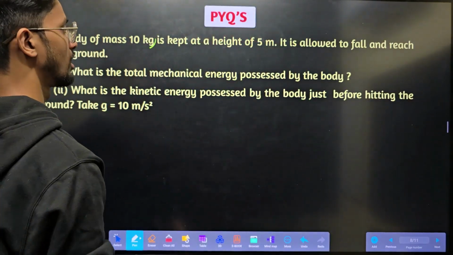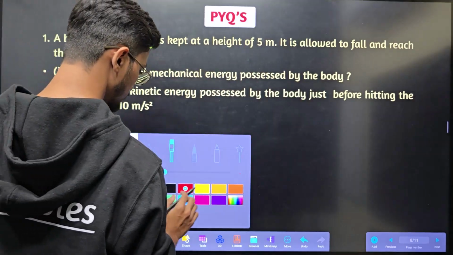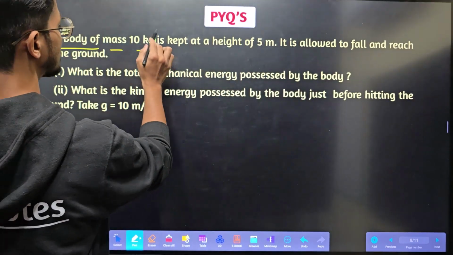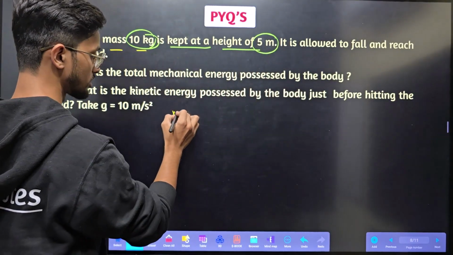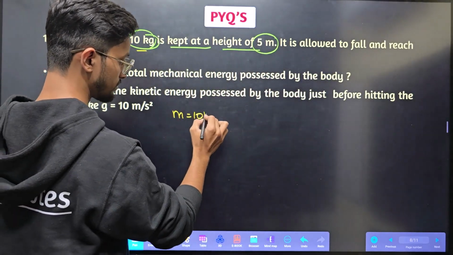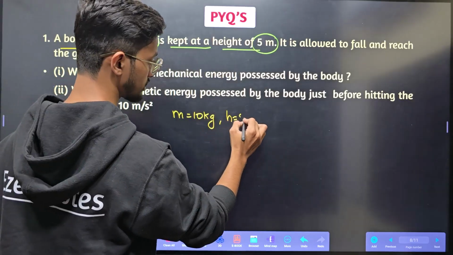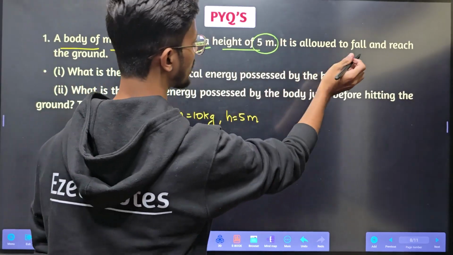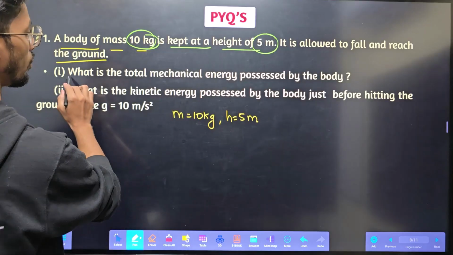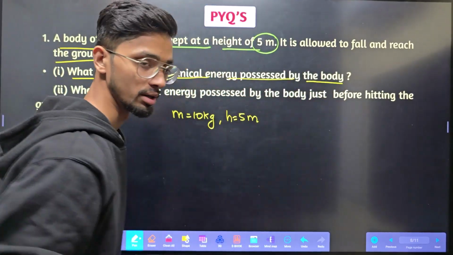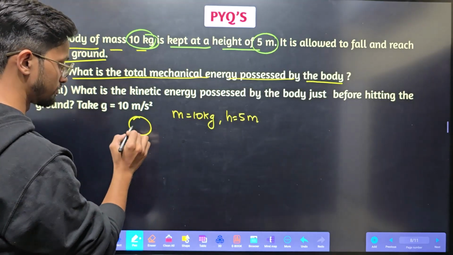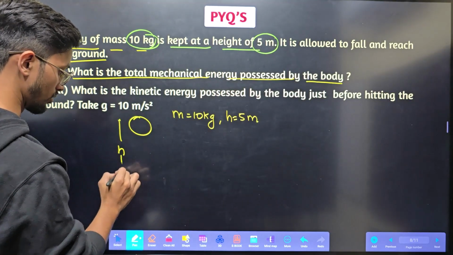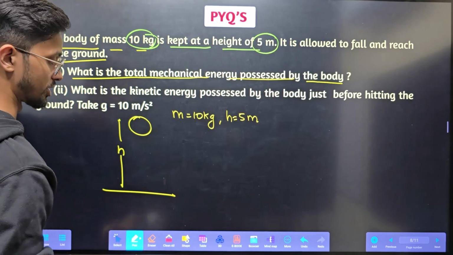Next we'll solve some questions. A body of mass 10 kg is kept at a height of 5 meter. It is allowed to fall and reach the ground. What is the total mechanical energy possessed by the body? See, this is the body, it is allowed to fall from height h.